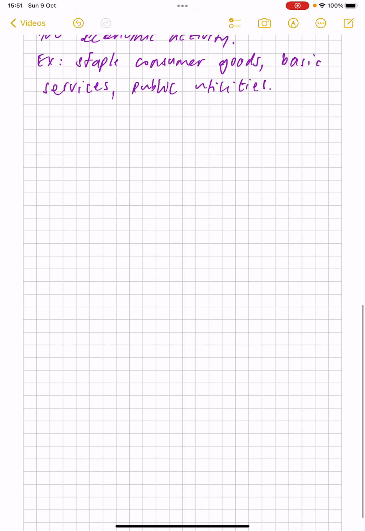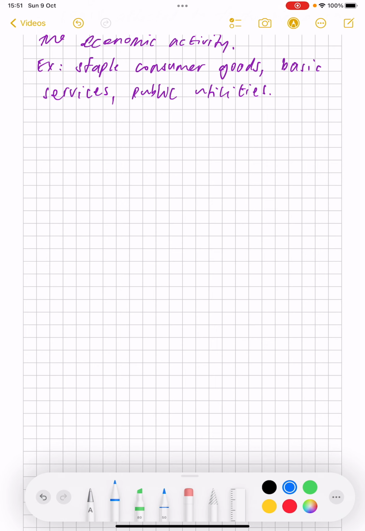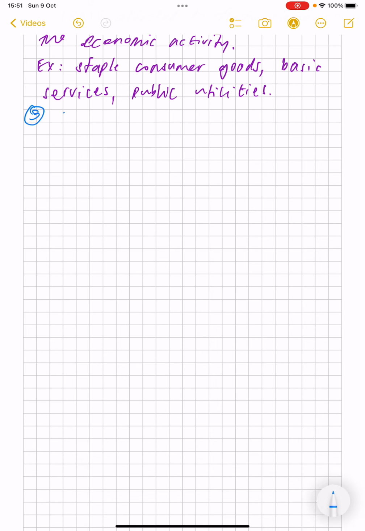And another approach to industry classification, a third approach, we're going to use statistical similarities.